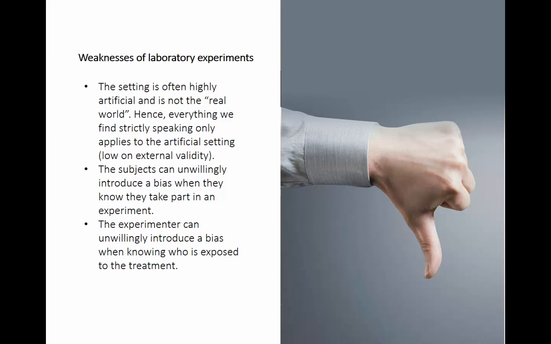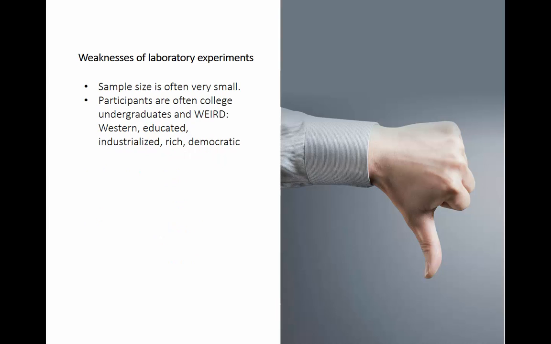Subjects might unwillingly bias the results when they know they are part of the experiment. That's the Hawthorne stuff. Or the experimenter can unwillingly introduce a bias by knowing who's exposed to the treatment. So even though the researcher doesn't want to do that, it can still happen. Sample size is often very small. And the last thing: often these experiments are done with undergraduate students, and undergraduate students are weird.